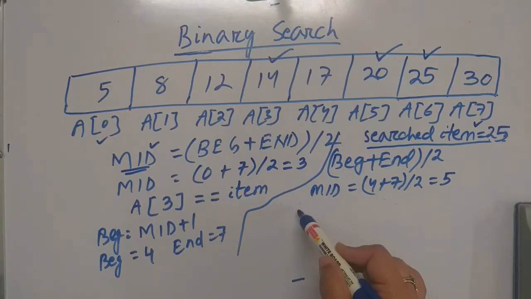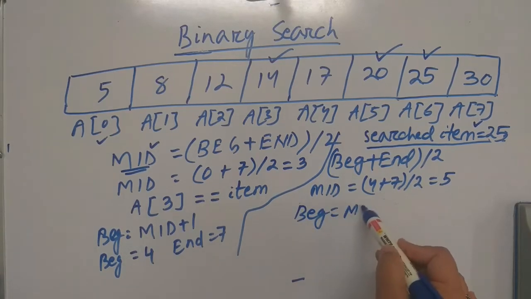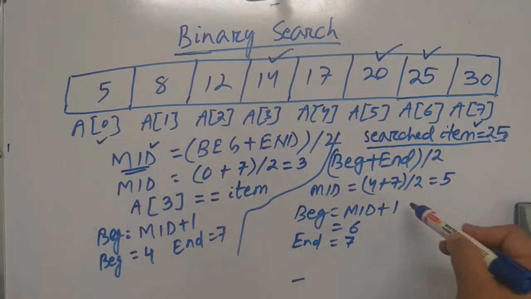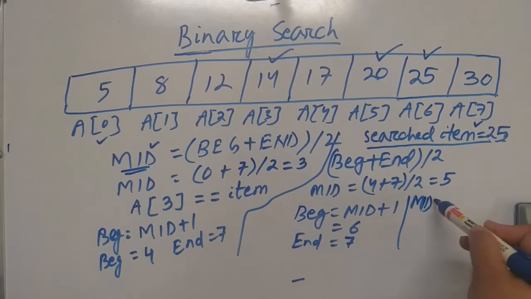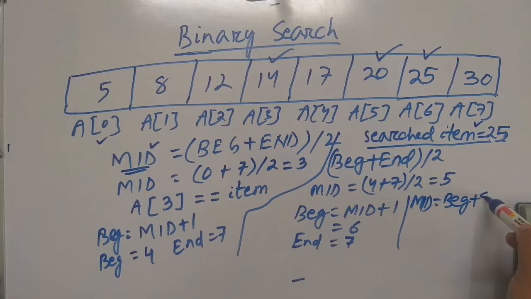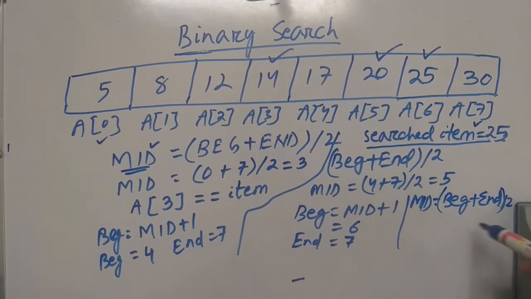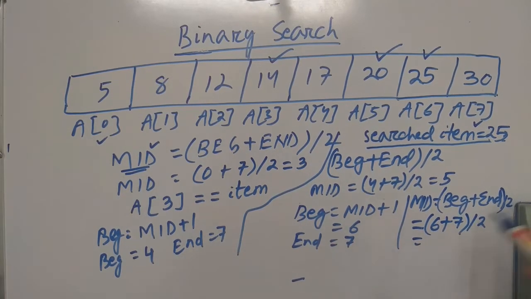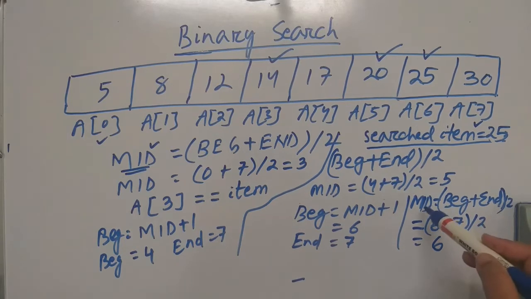Once again we write down begin is mid plus 1, which is equal to 6, and end is once again 7. So mid is equal to (begin plus end) divided by 2, which is (6 plus 7) divided by 2, that is 13 divided by 2, 6 point something, and we take it as 6. So the mid position is 6, and 25 is the searched item, and we get our searched item.